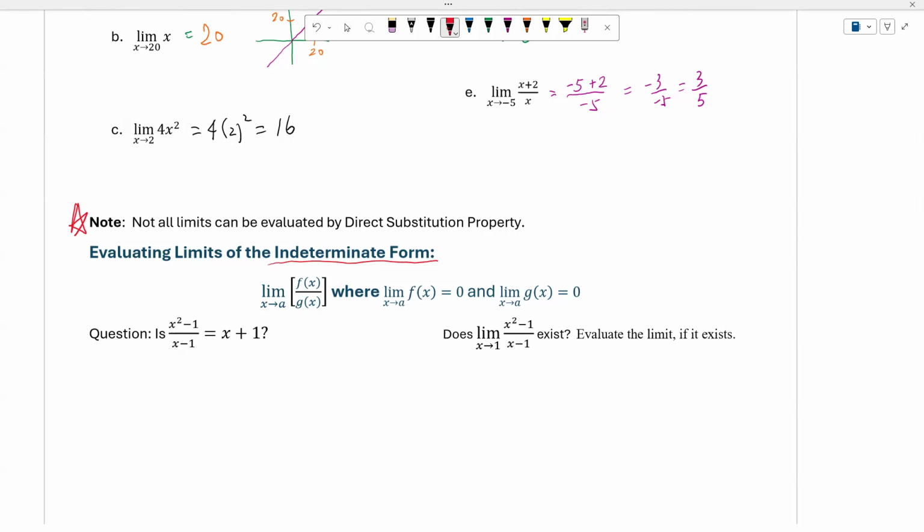It is when we take the limit as x approaches a of f of x over g of x, where the limit as x approaches a of f of x equals 0, and the limit as x approaches a of g of x also equals 0. So in this case, the form that we have will be 0 divided by 0.